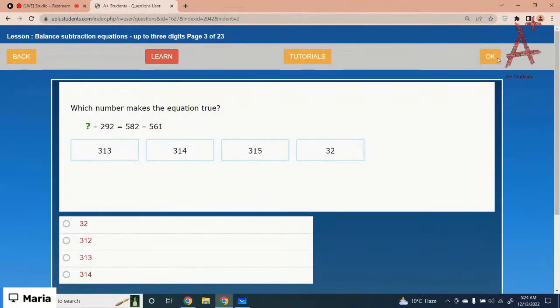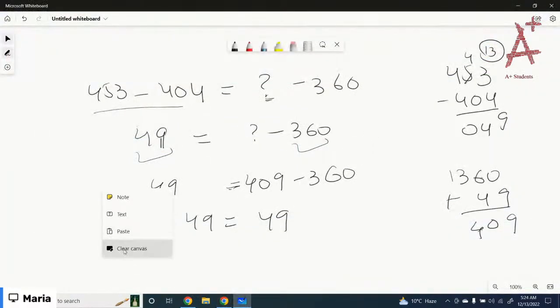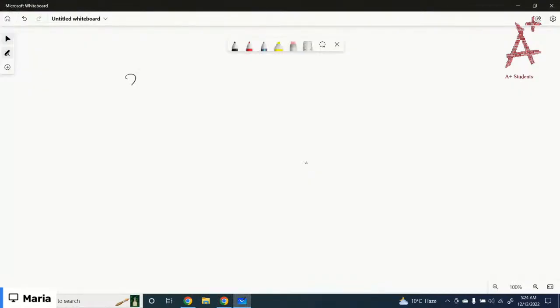Okay, the next one is you have to find the missing number, subtract 292, and that equals 582 minus 561.